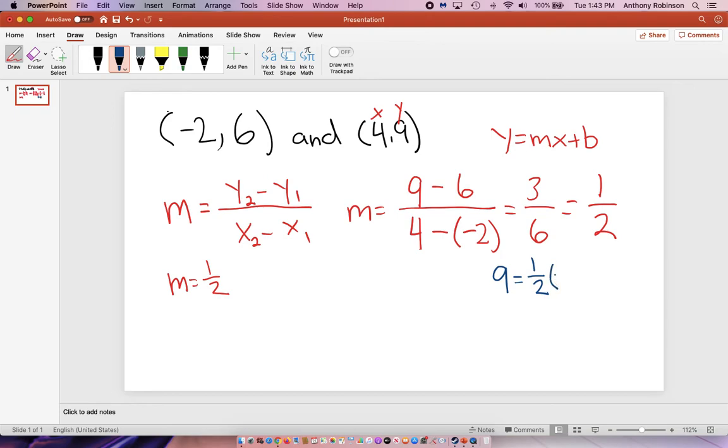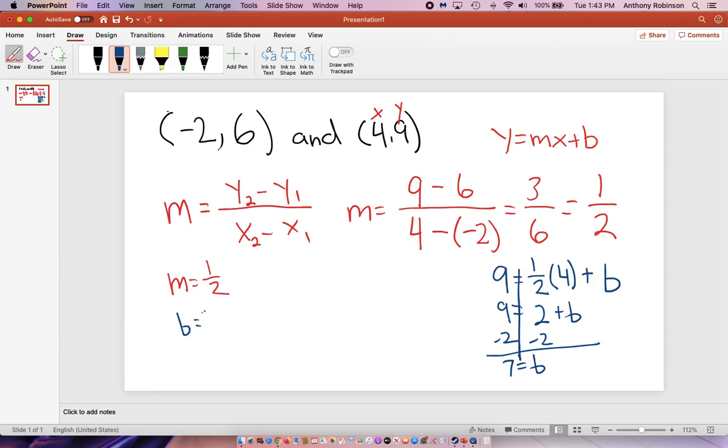I'm going to multiply that 1/2 by 4, which is my x coordinate. We know that because it's on the line. And we're trying to find b, or the y-intercept. So now, to simplify, 9 equals 2 plus b. Subtract 2 from both sides. 7 equals b, or b equals 7. I'm going to go ahead and write that over here.